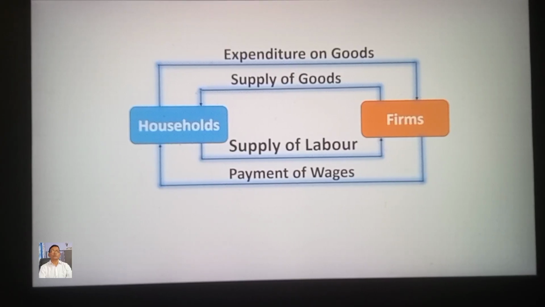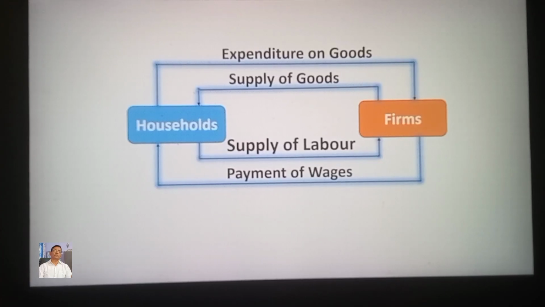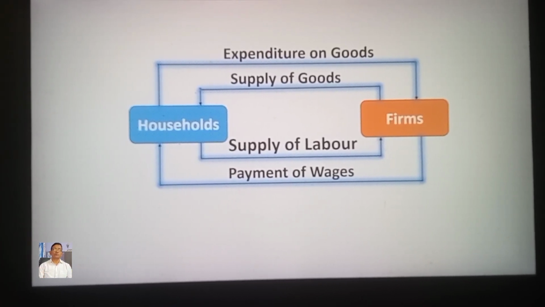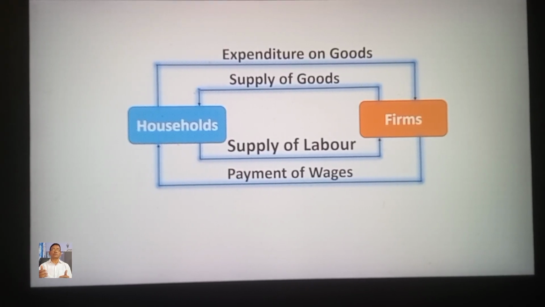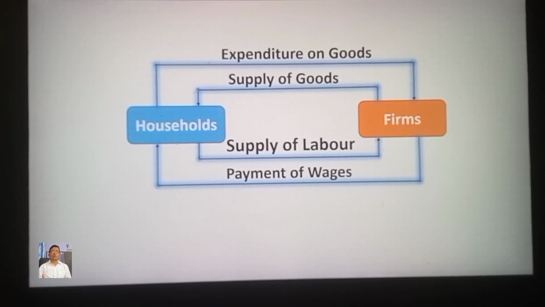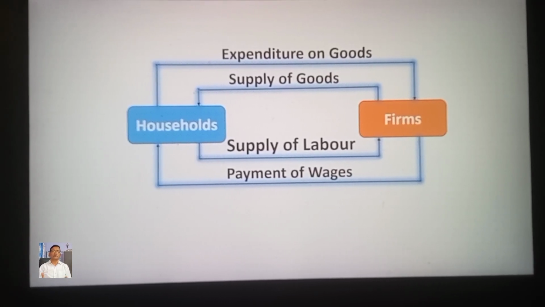We have two principal components of the economy: firms, companies who pay wages and dividends to workers. Firms produce output. Households, individuals who consume goods and receive wages from firms.